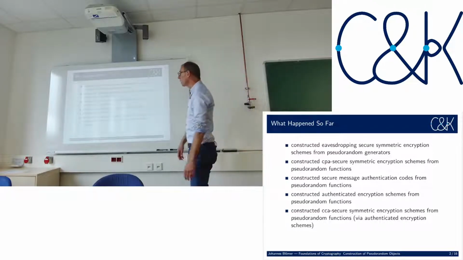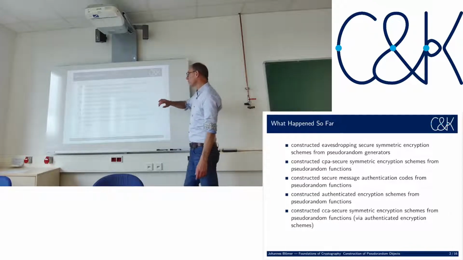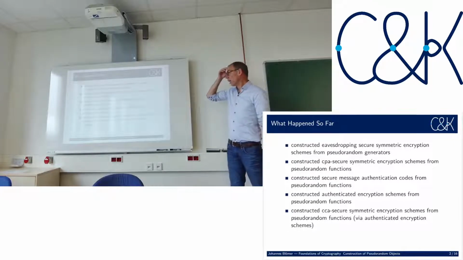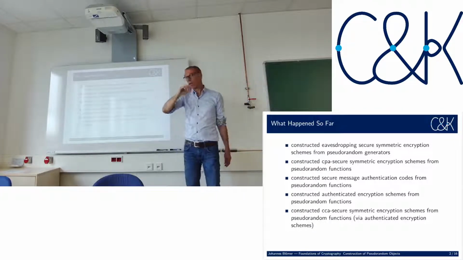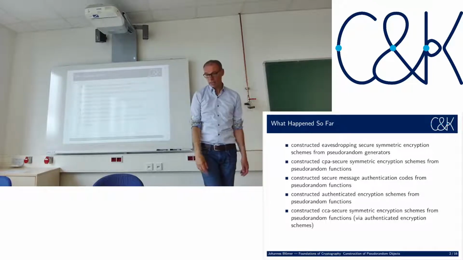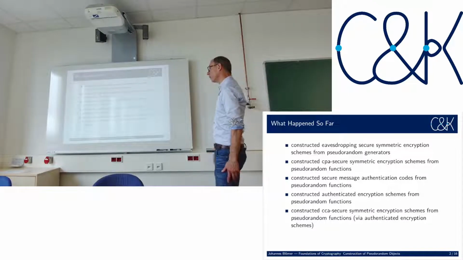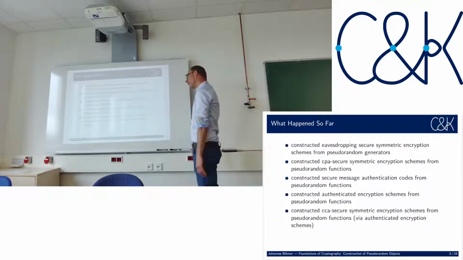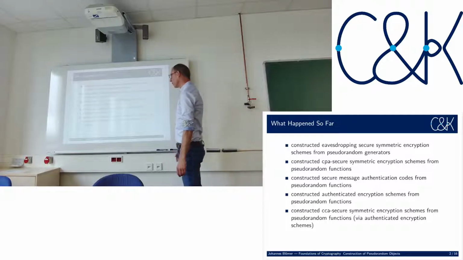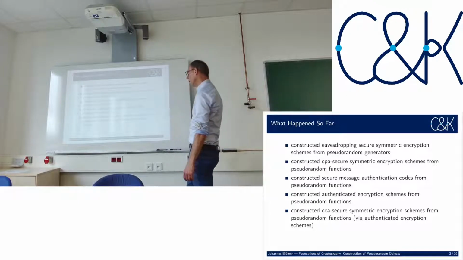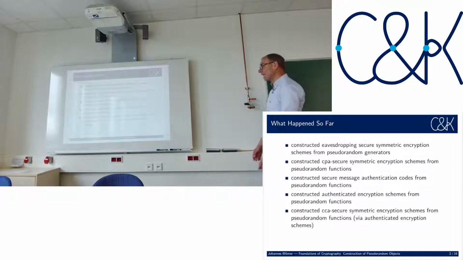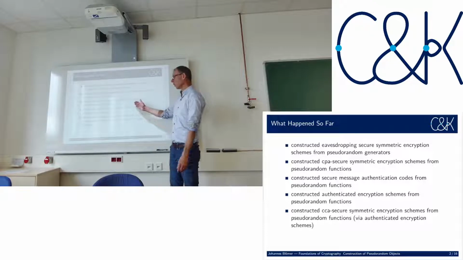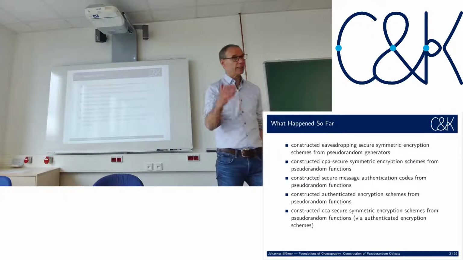And then we used the CPA secure encryption schemes and message authentication codes to construct authenticated encryption schemes. And given these two results, we only need pseudorandom functions to construct authenticated encryption schemes. And then once we constructed these, we saw that we can construct CCA secure symmetric encryption schemes from pseudorandom functions, because authenticated encryption schemes are CCA secure.